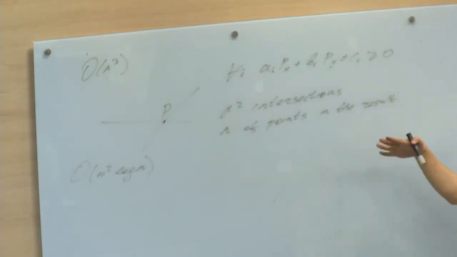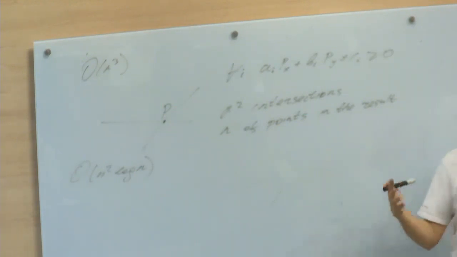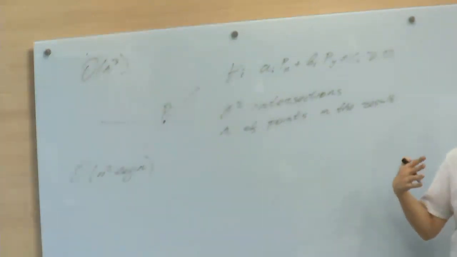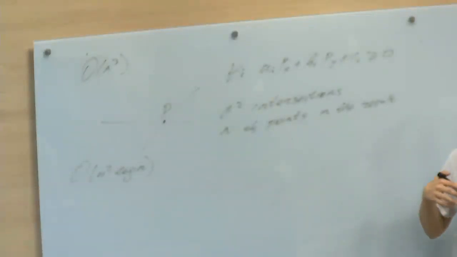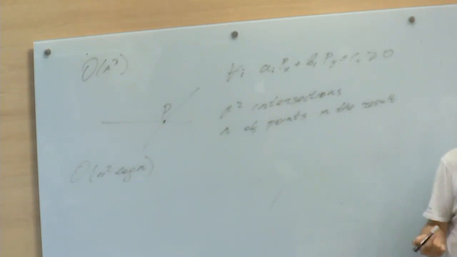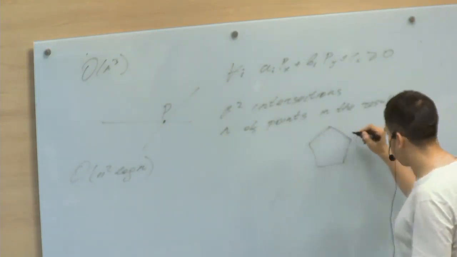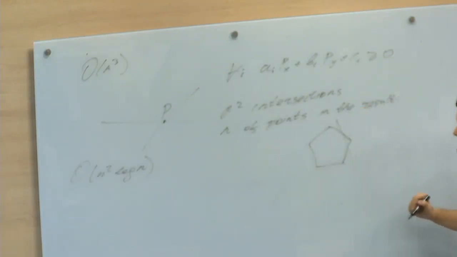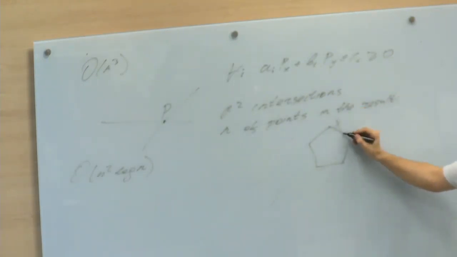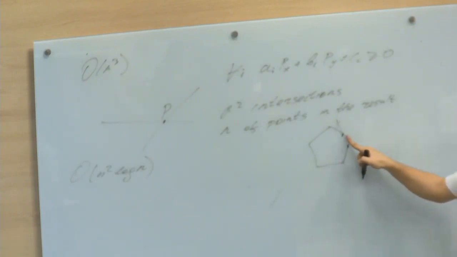Because that's a planar graph, if we consider an algorithm that adds lines or half-planes one by one, each half-plane adds at most 1 point. So we have some polygon, and each half-plane can add at most 1 intersection point. So if there are n lines, there are at most n points.